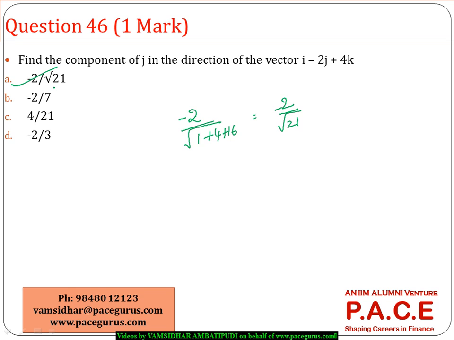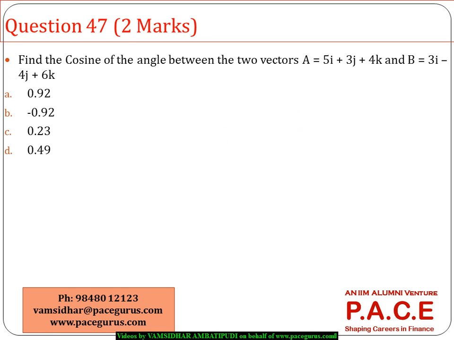Okay, next question now. Find the cosine of the angle between the two vectors. The cosine of the angle is based on the dot product, right? A dot B equal to modulus of A into modulus of B into cos theta.